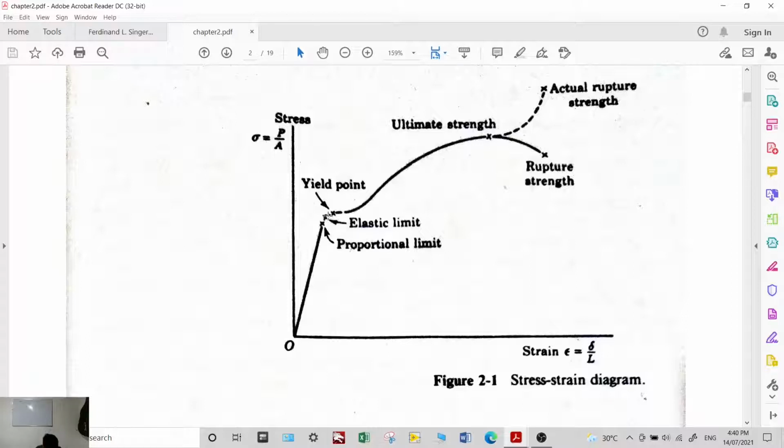Again, if you increase pa gid nimo ang force or ang load in the tensile test, it will reach the yield point. This one. The yield point, this is the point at which there is an appreciable elongation. No? So, nanay dako nga elongation na ma-experience imong material. Appreciable na siya.